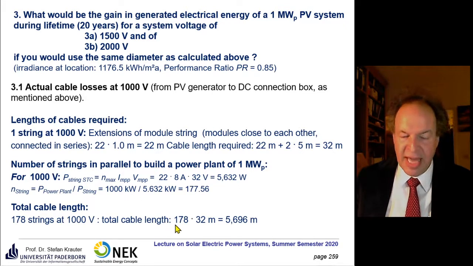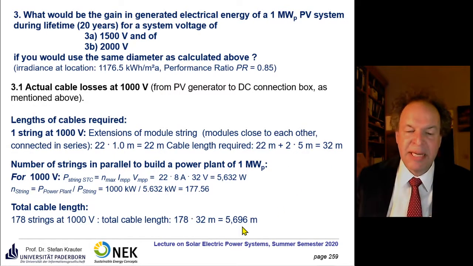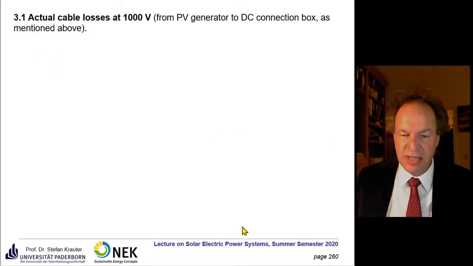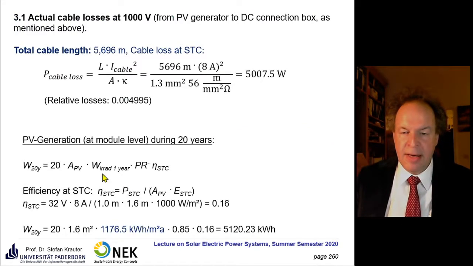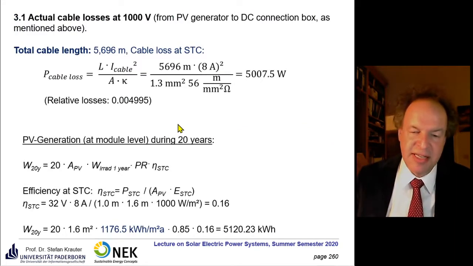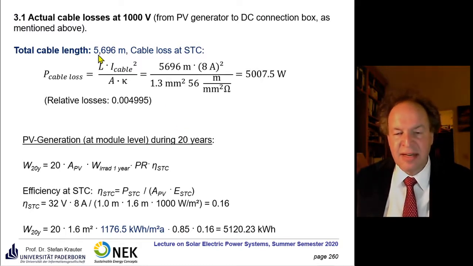The according cable length is 178 times 32 meters. What we calculated here is 5,696 meters. Let's go to the other voltages here. First we calculate the losses. At this length, we put in the length, and the current is still 8 amps.